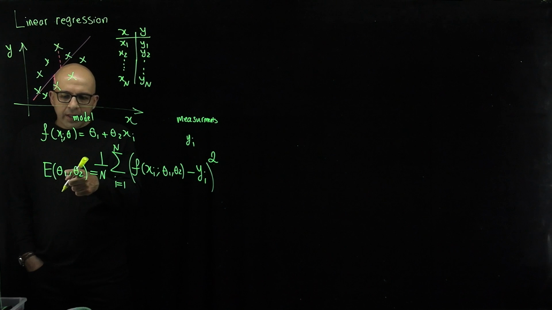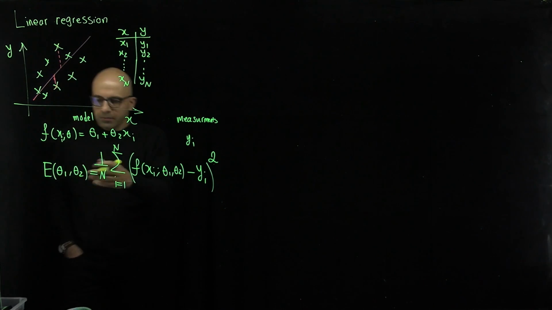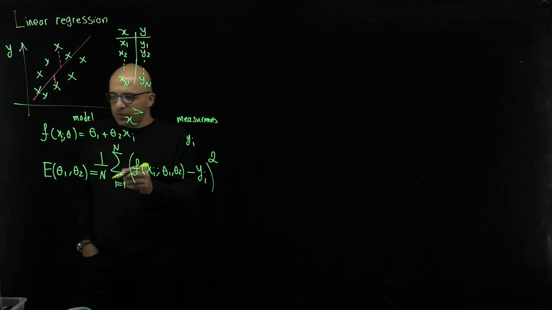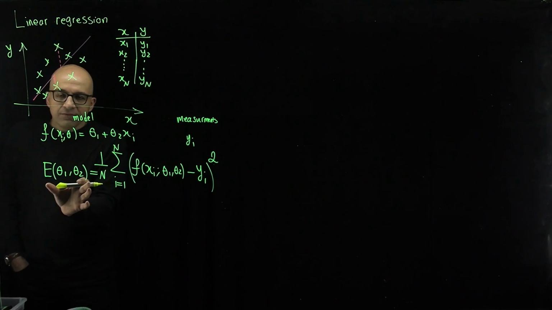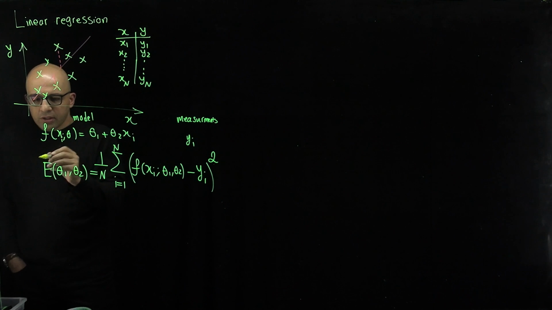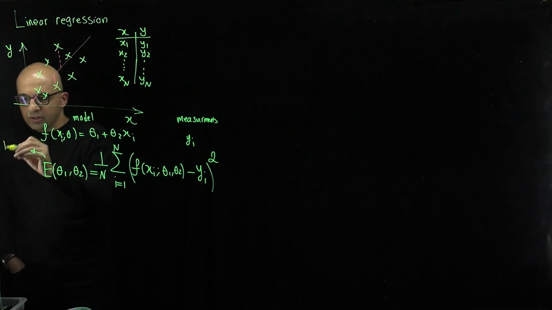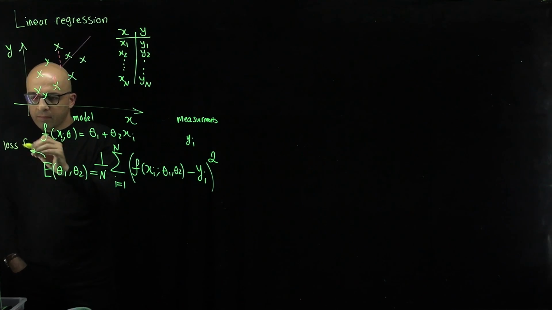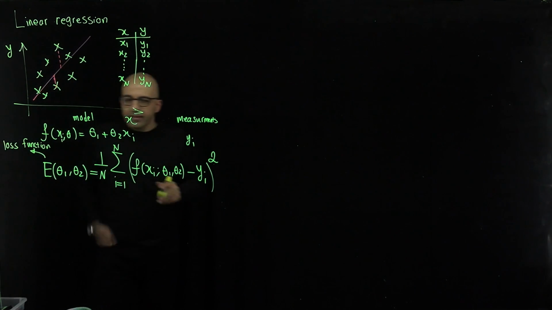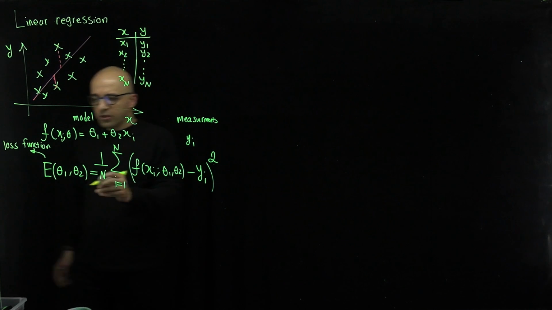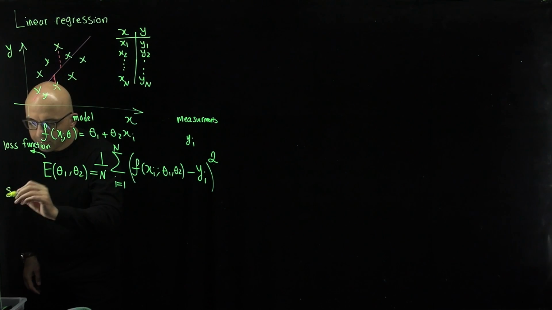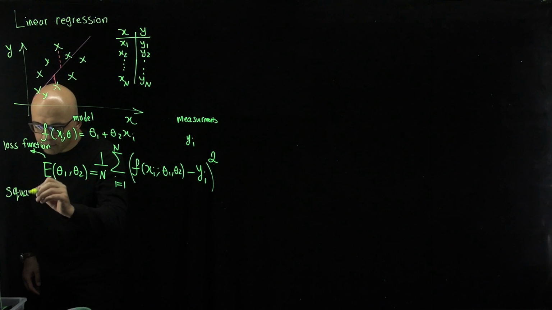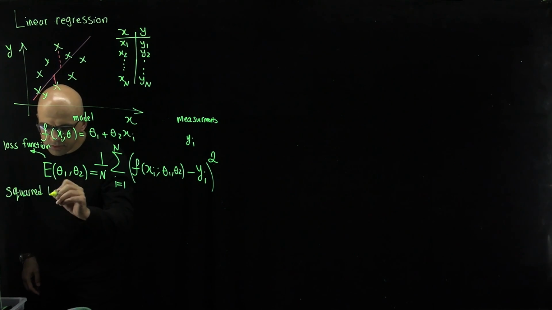In machine learning terminology, let me also introduce that, then I'll write down the optimization problem. This very function is called the loss function. So this is the loss function. And this particular choice of loss function is called squared loss function.